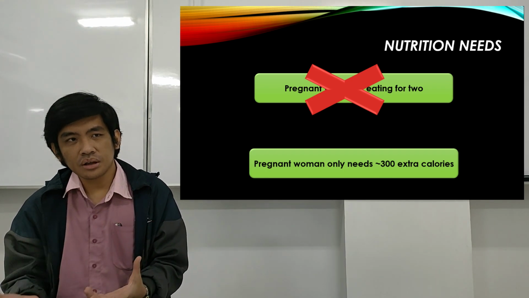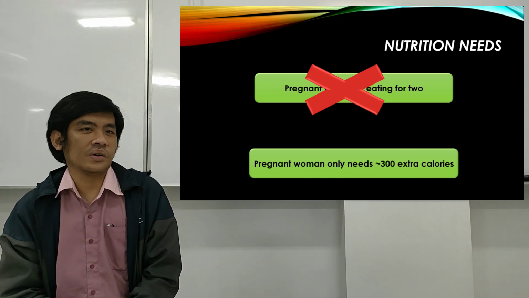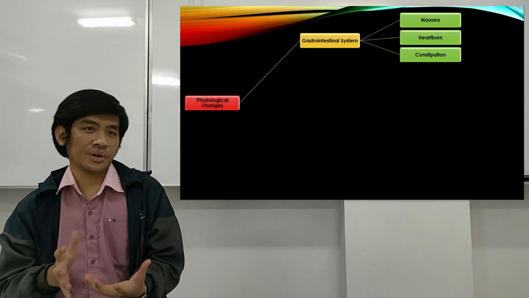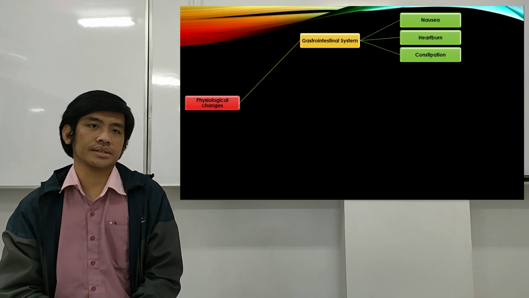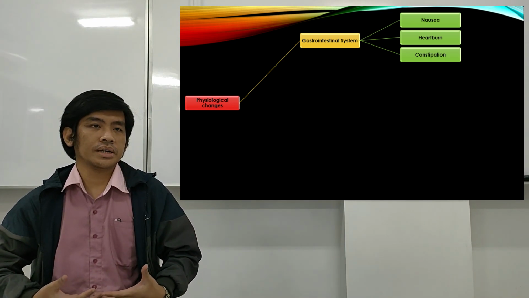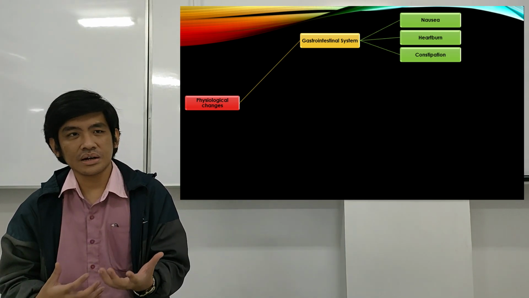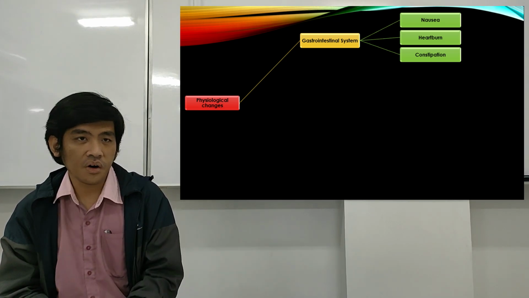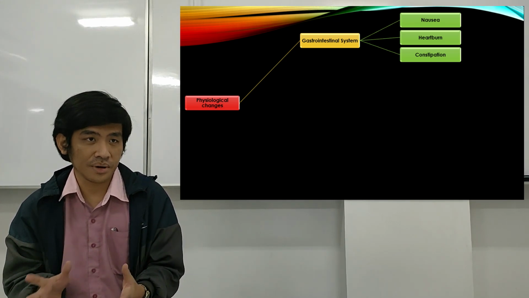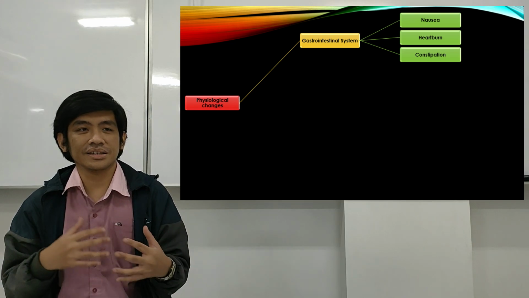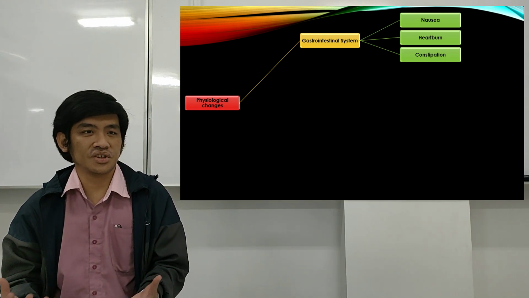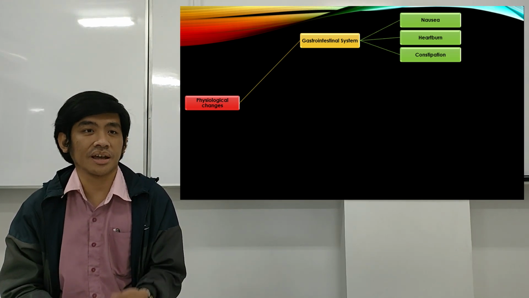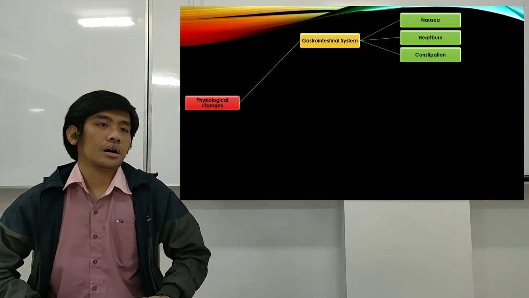Some other physiological changes are also in order. In relation with the gastrointestinal system, many pregnant women suffer from nausea, commonly referred to as morning sickness, during the first few months of pregnancy, until the system completely adjusts to the elevated estrogen and progesterone levels.